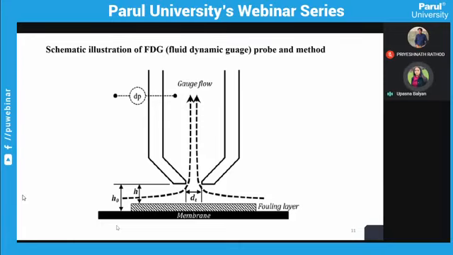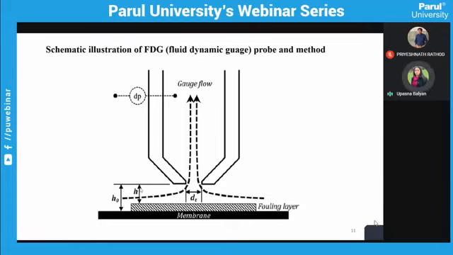After 4 or 5 hours, a layer develops, which is known as the fouling layer, and the nozzle distance to that fouling layer is H, and the deposit layer thickness will be delta, which is just H naught minus H.